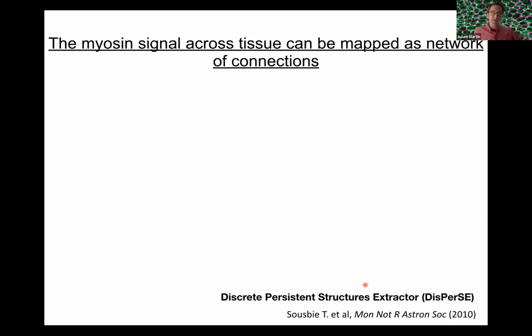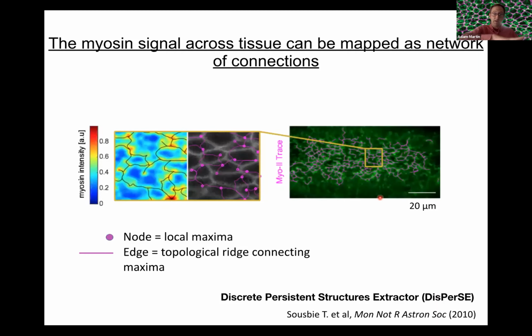And it allows us to take an image of myosin, and it identifies persistent topological features in this image, such as local maxima, and also edges that connect those local maxima, which the maxima, again, are these local signaling centers inside each individual cell. And the edges are these myosin fibers that are connecting between cells. So this allowed us to represent this myosin network in a framework that's described by this node and edge description, which allowed us to simplify this greatly.